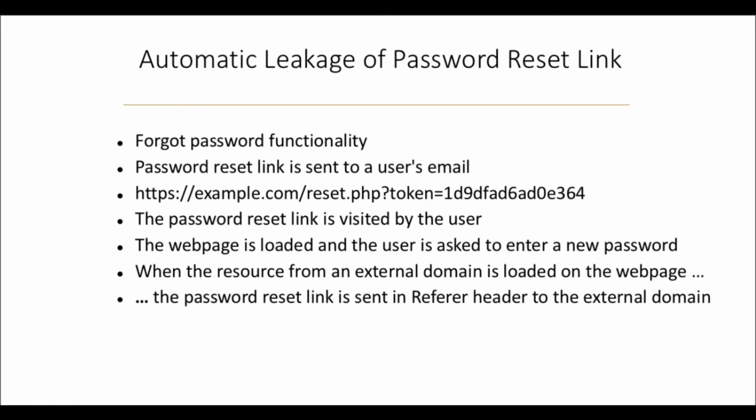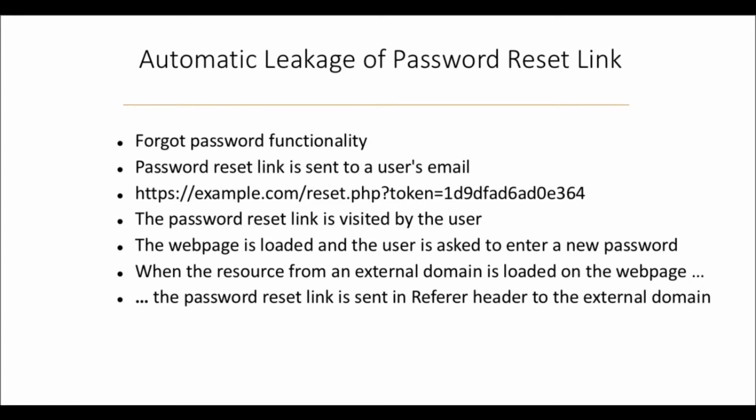So we've got our web page. In the URL bar, we've got a password reset link. If this web page needs to fetch data from an external domain, for example an image, then the browser sends out the request. In this request, there is a Referer header. The browser takes the URL from the URL bar, puts this data, our password reset link, into the Referer header, and then the request goes out to the external domain.